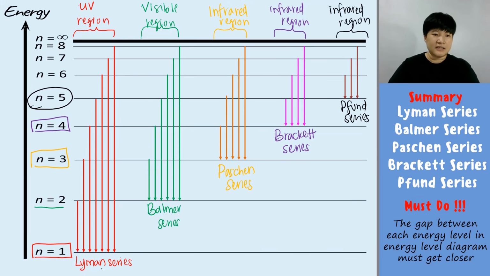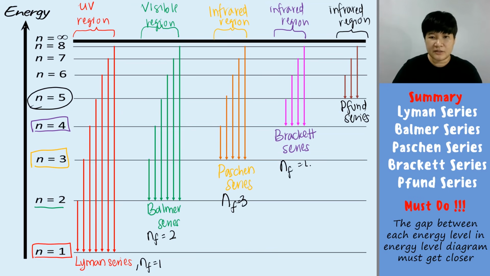Okay, so this is the conclusion and the summary of all the 5 series that you have. Just make sure you know that your Lyman series n final must be 1, Balmer series n final must be 2, Paschen series n final must be 3, your Brackett series n final must be 4, Pfund n final must be 5. Don't make any mistake on this, okay?